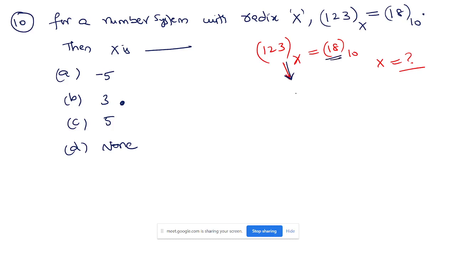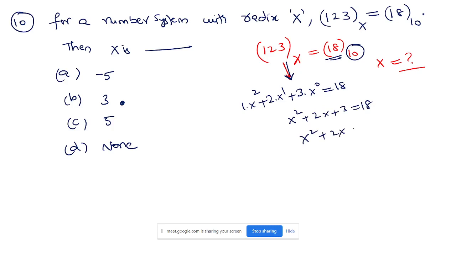Left hand side, how to do that? 3 into x power 0 plus 2 into x power 1 plus 1 into x power 2. It is a decimal equivalent that is equal to 18 because this is also a decimal equivalent, right? So x square plus 2x plus 3 is 18. That means x square plus 2x minus 15 is equal to 0.